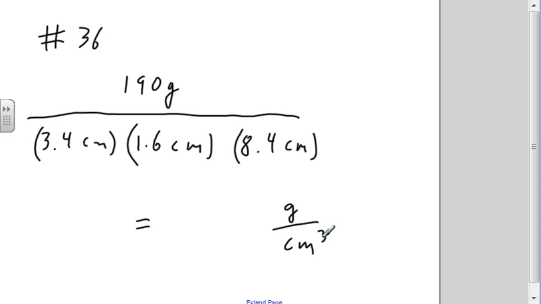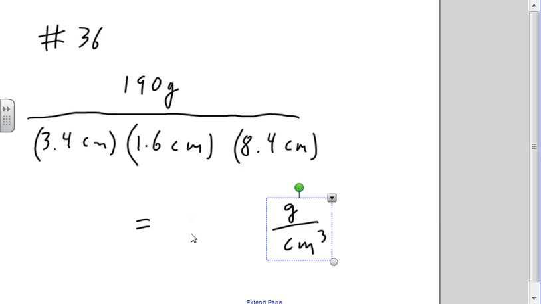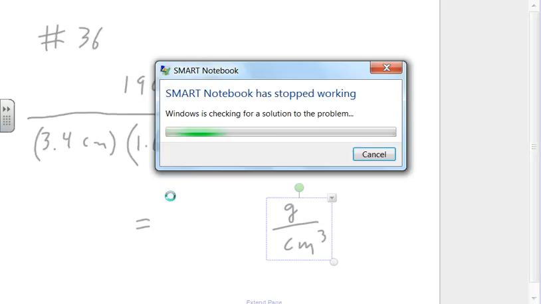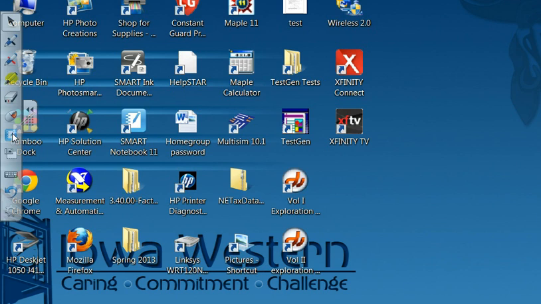190 divide by 3.4, divide by 1.6, divide by 8.4, and we get, uh-oh, that was very unprofessional.